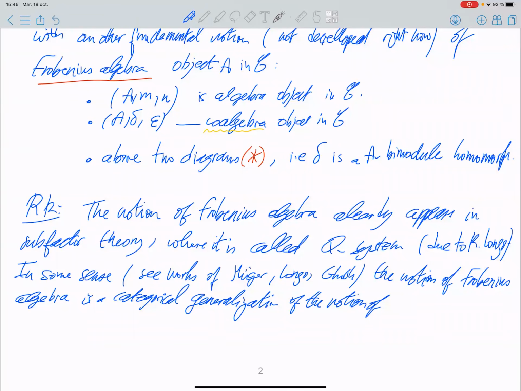Everything should be unitary, the field should be the complex field, etc. Because the notion of Q system or Frobenius algebra object characterizes the notion of subfactor for unitary fusion category. The notion of Frobenius algebra in general generalizes the notion of subfactor. So in that sense, it's very, very important to me.